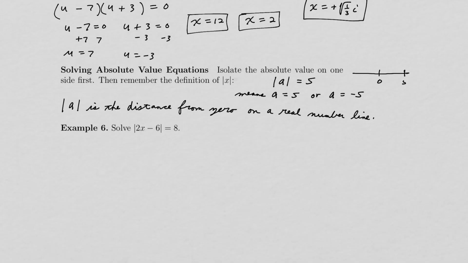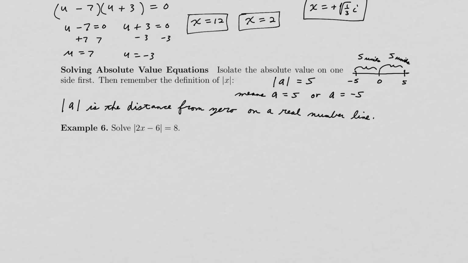So 5 itself is 5 units away, so that works. But negative 5 is also 5 units away from 0. They're both 5 units away from 0, and absolute value just means the distance from 0. So -5 and 5 are both solutions for a in this case.